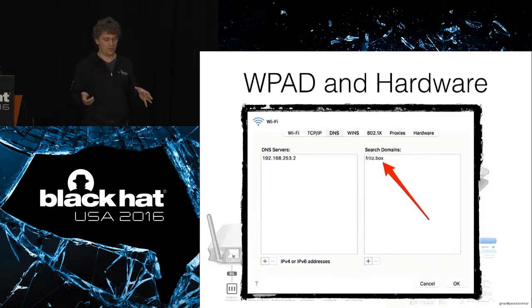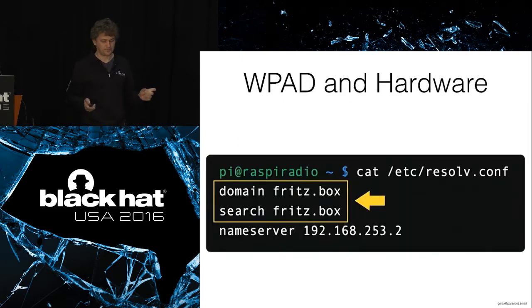If you connect to the router, for example on your macOS device, you can see your top-level DNS suffix, also called a search domain on Linux and Mac machines. You can see this fritz.box as the search domain.